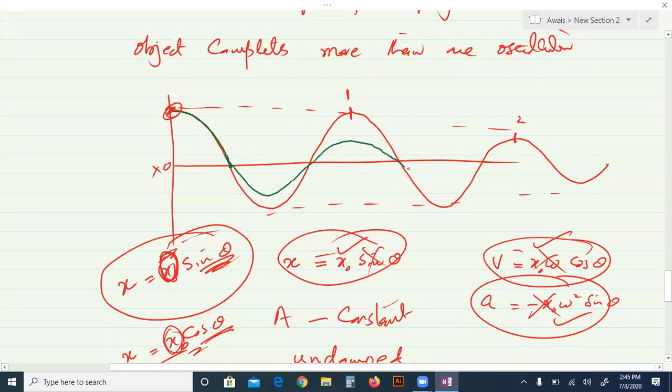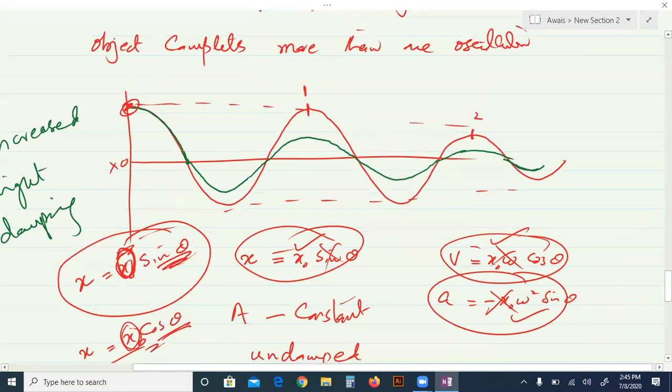So this is the new graph. No change in time period, no change in frequency, and so on. And this is called increased light damping.